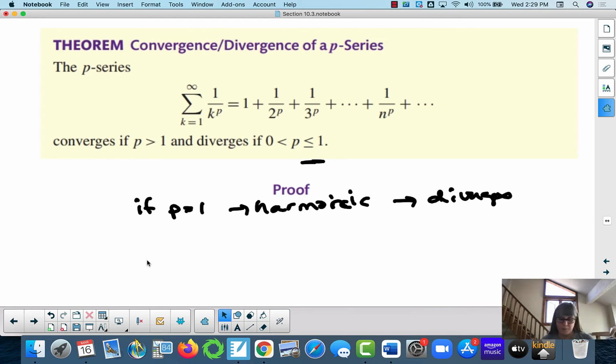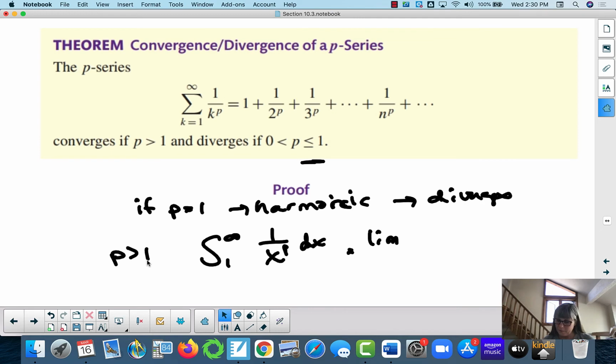Now let's look at if p is greater than 1. So if p is greater than 1, we have a positive continuous decreasing function on that interval 1 to infinity, so we can use the integral test. So then we say the integral from 1 to infinity of 1 over x to the p power dx.